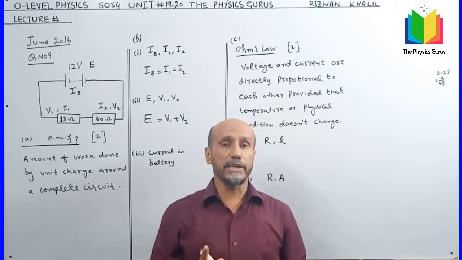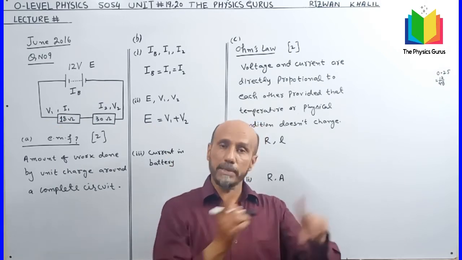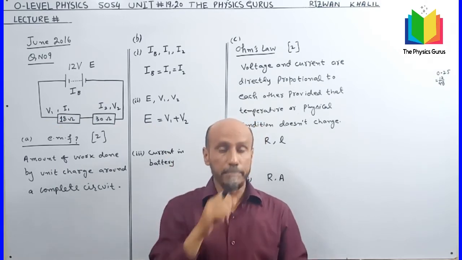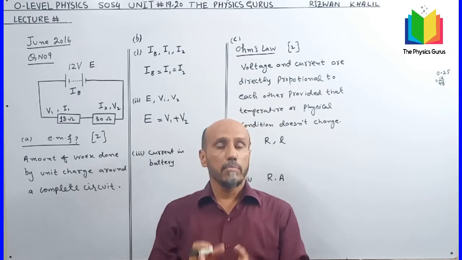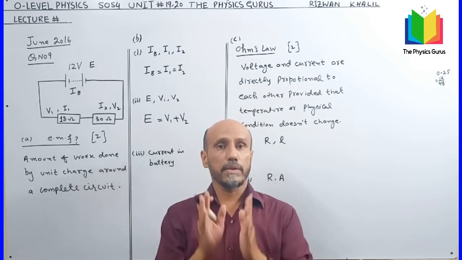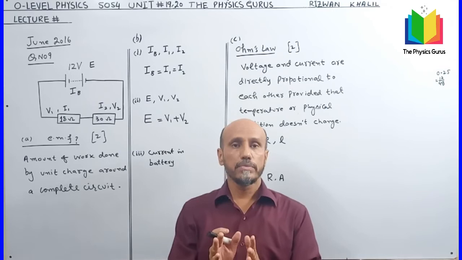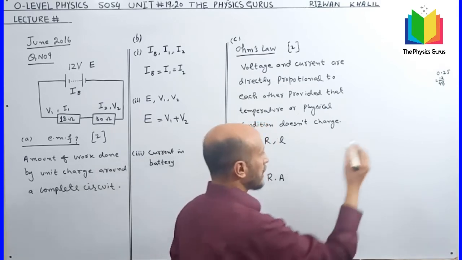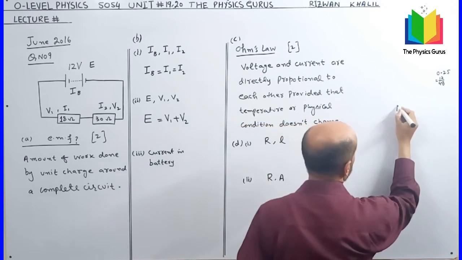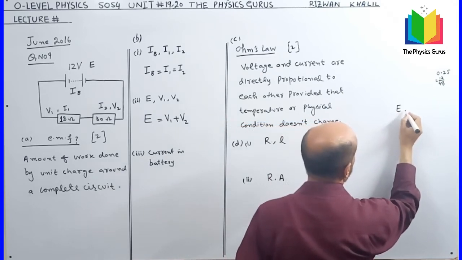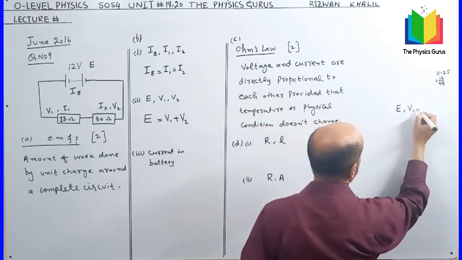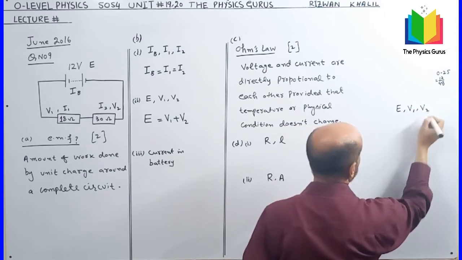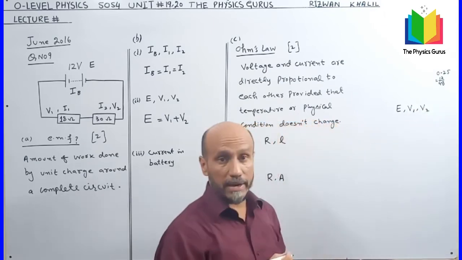In parallel combination, the concept is opposite. In parallel combination, the battery voltage E is equal to V1 is equal to V2. What does it mean? Suppose we are mentioning the voltage of the battery, say E, and again there are two resistors but they are connected in parallel.